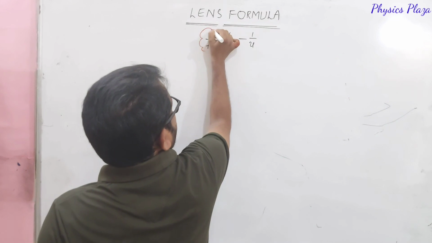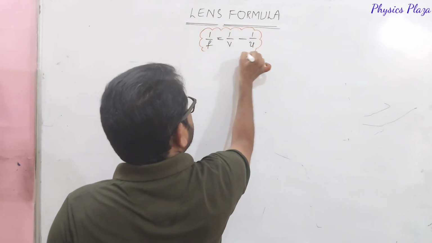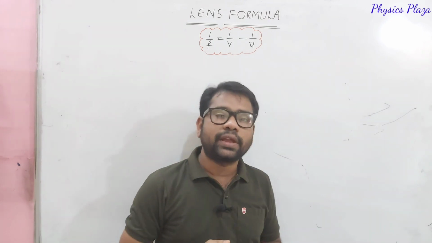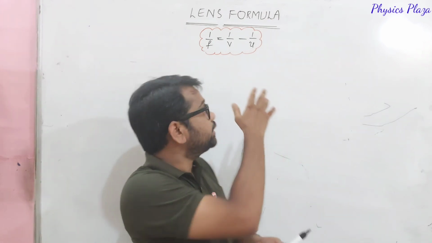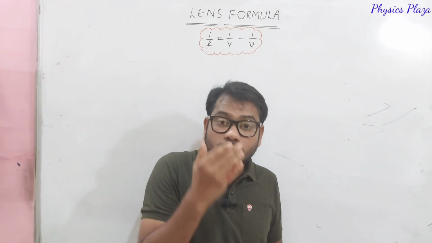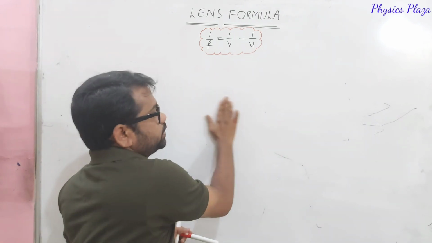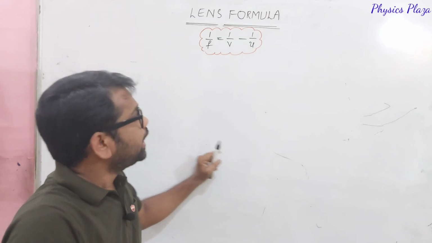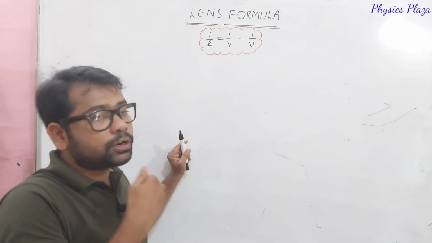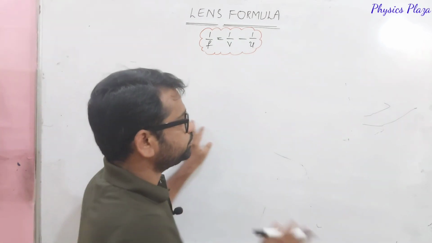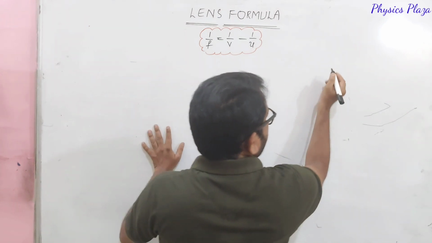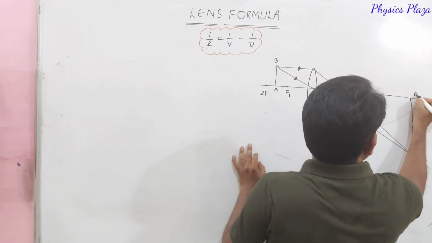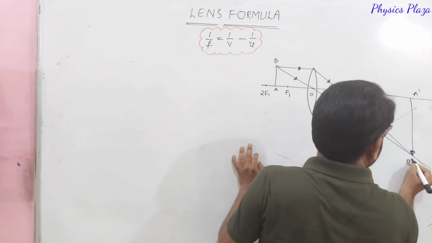Children, this can be derived for a convex lens, even for a concave lens. You can take a convex lens and derive this expression, or you can take a concave lens and derive the expression also. We will take the case of a convex lens. Here is the convex lens, name it as A'B'.